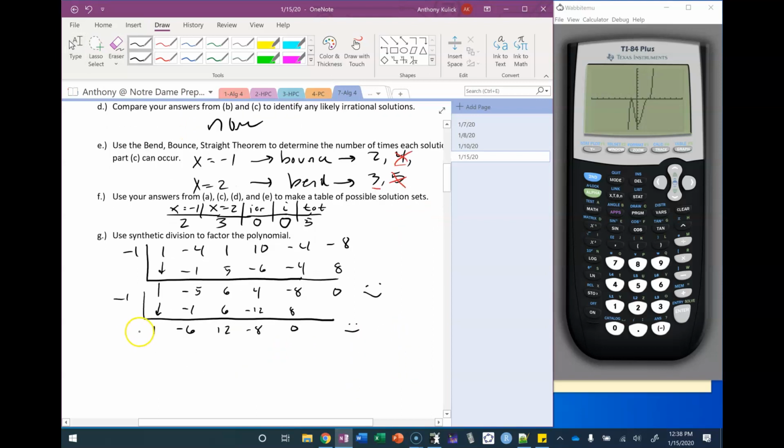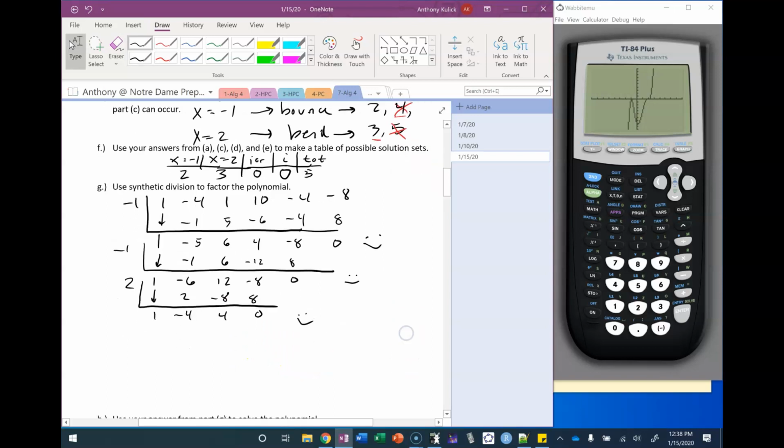So that worked. Now I'm going to switch to 2. So that worked. Great. Now I could stop here because the polynomial I'm left with is quadratic, and I should be able to factor that if it's factorable. Or I can continue doing synthetic divisions. It doesn't really matter. For the sake of argument, I'll do a synthetic division here. So that worked again.